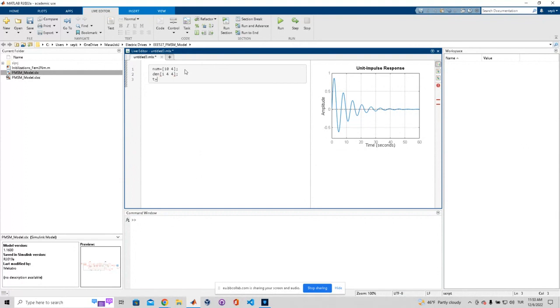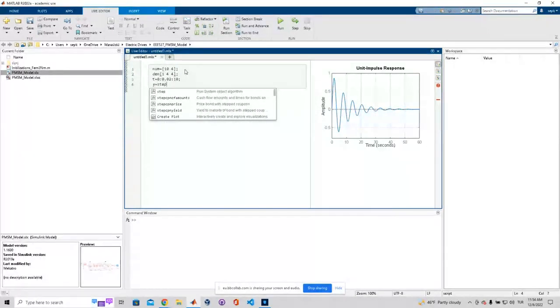So again, you need to define your time domain. Now we're going to take a step response and plot it again. First, you define your system, then you get the step response with your numerator, denominator, and the t.